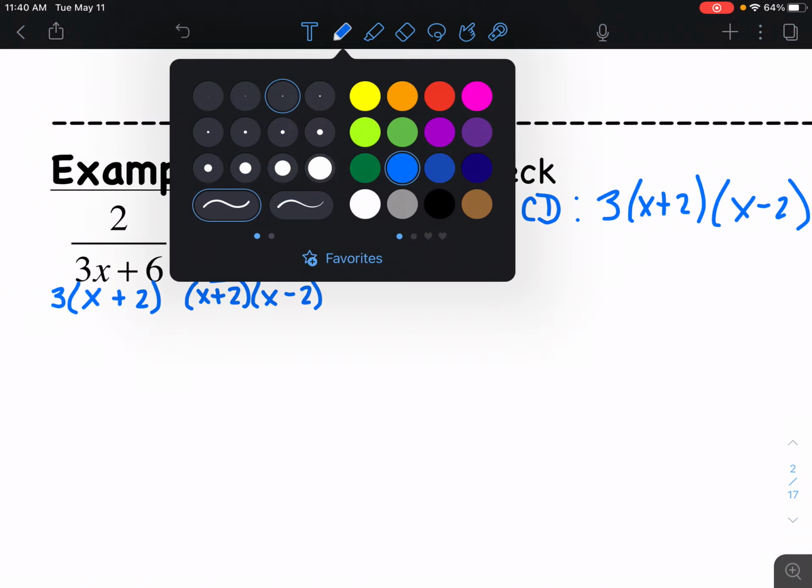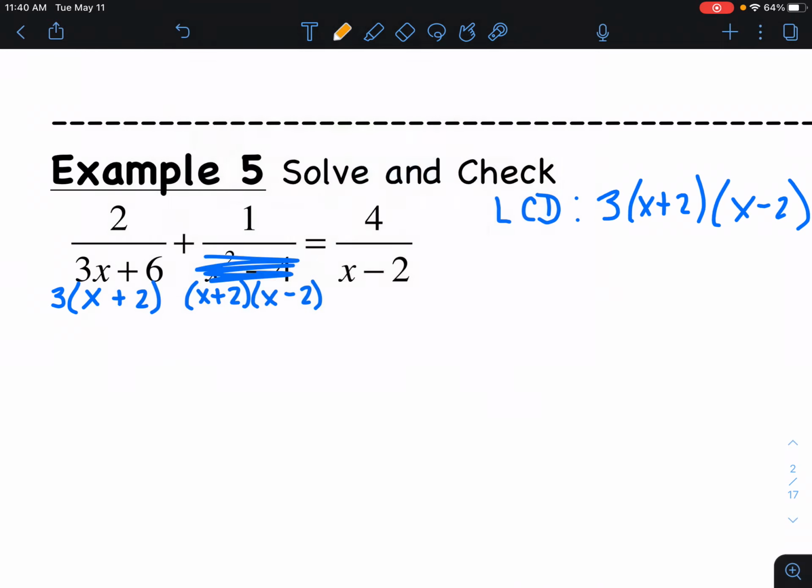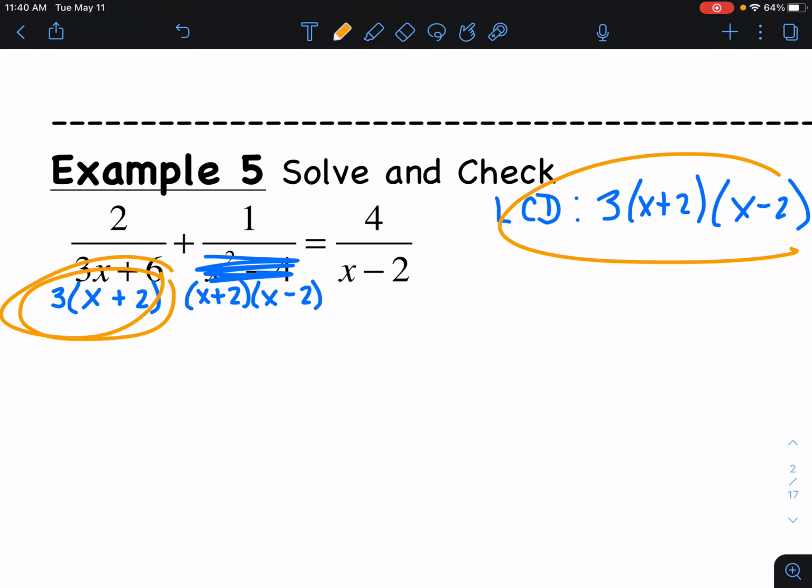Our next step is to multiply everything by the LCD. I'm going to save you a little bit of time and space here. What you can do is just look at what's missing. Like in the LCD compared to this, what is in the LCD that is not appearing here? The only thing that's missing is x minus 2.